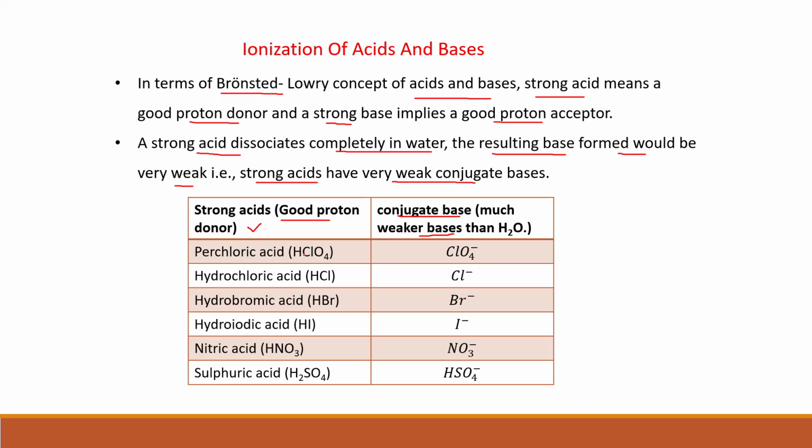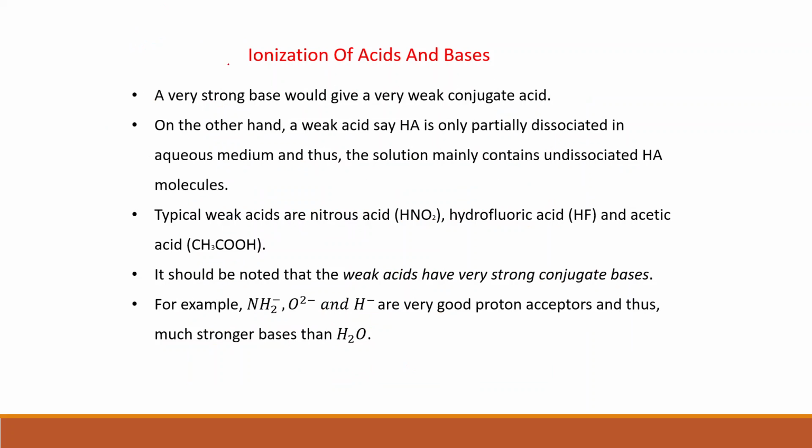Like perchloric acid, its conjugate base is ClO4-, hydrochloric acid Cl-, hydrobromic acid Br-, hydroiodic acid I-, nitric acid NO3-, sulfuric acid HSO4-. A very strong base would give a very weak conjugate acid.